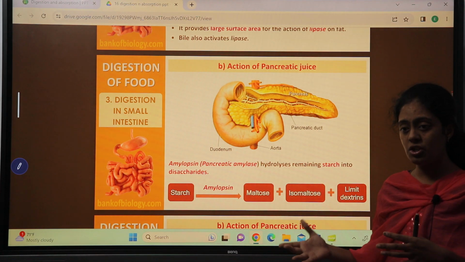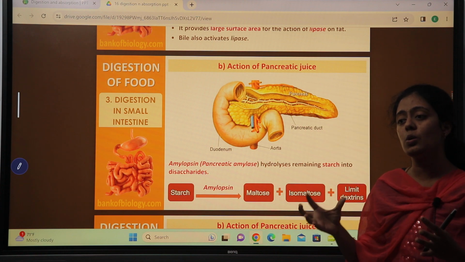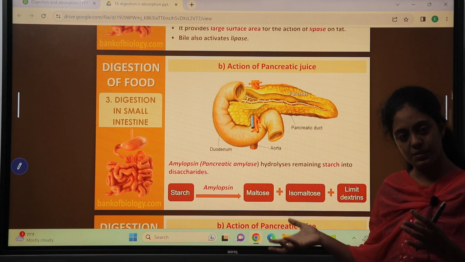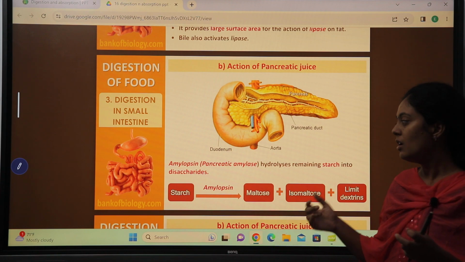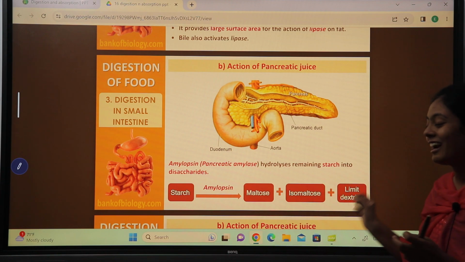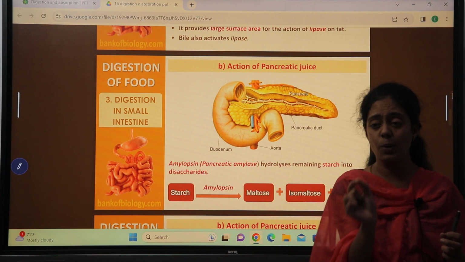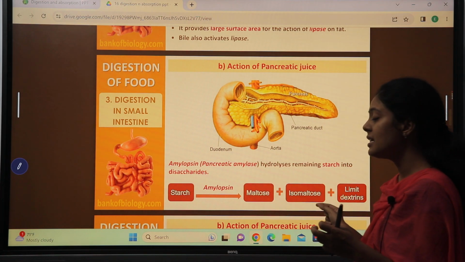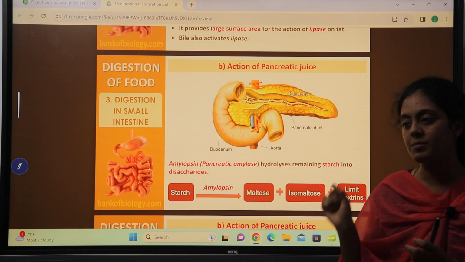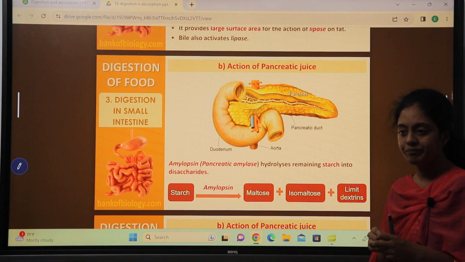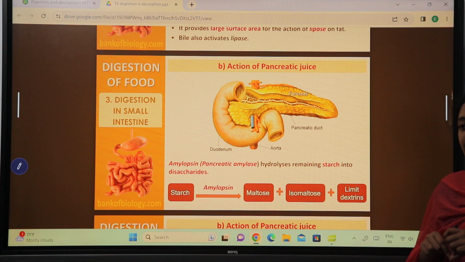So what is digestion? Breaking down of a larger molecule into smaller molecules. Clear? All of you understood? That is the function of pancreatic amylase. What is the important question they can ask here? What is the other name for pancreatic amylase? Amylopsin. What is the other name for salivary amylase? Ptyalin.